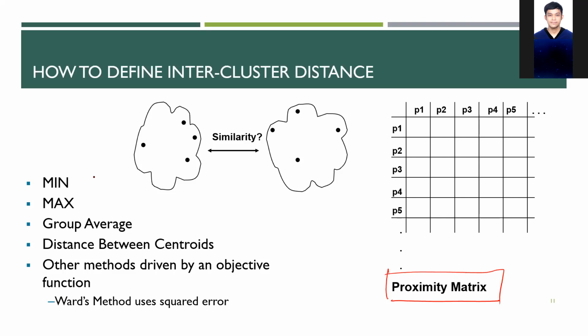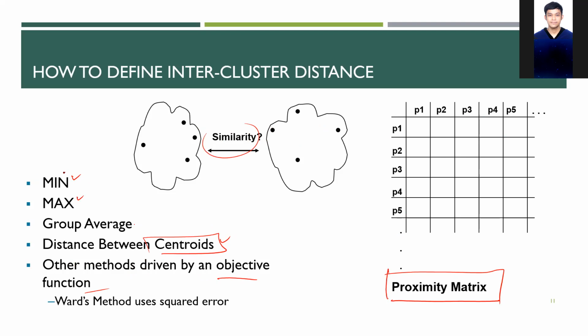We can use min, max, group average, distance between centroids, the one that I just showed before, and other algorithms defined by an objective function. Now we have to calculate the similarity between two subclusters.